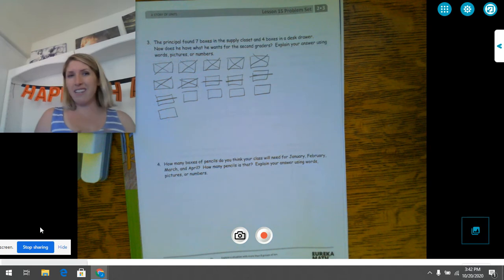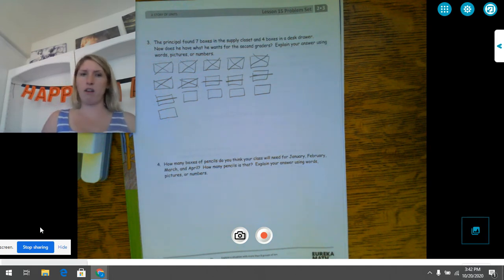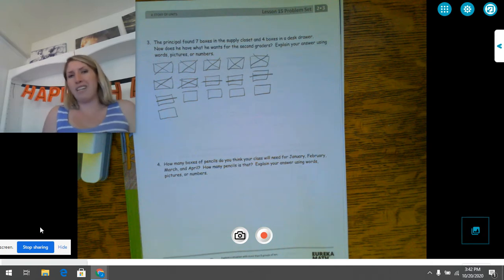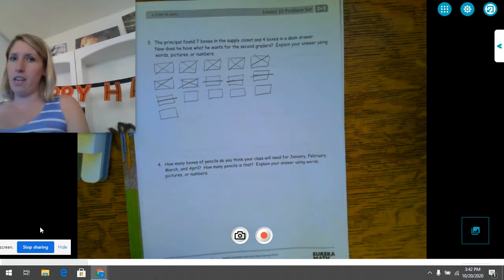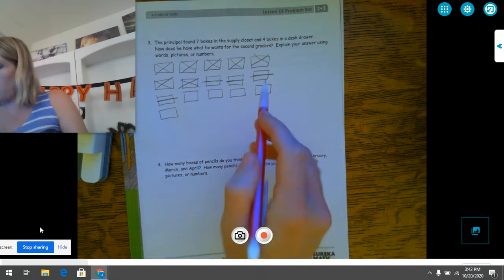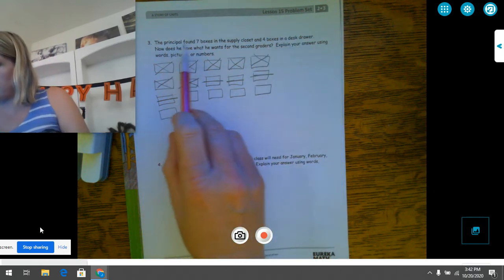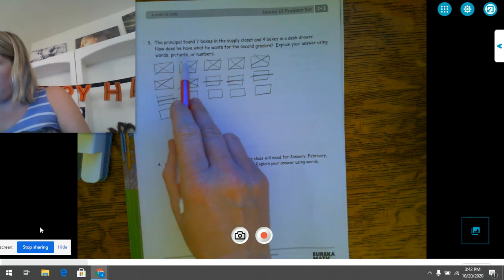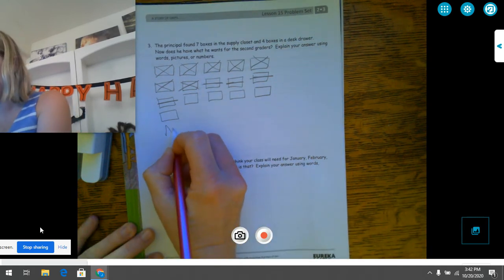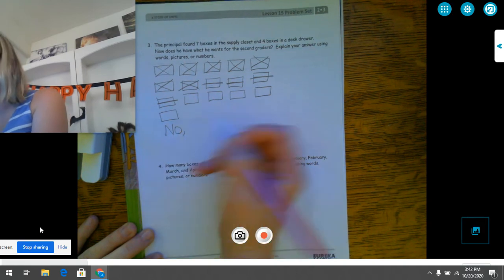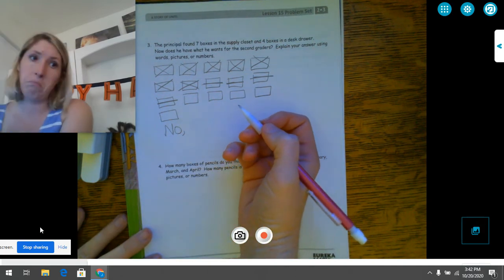So did he find enough, or does he still have more boxes that he needs to have the 300 pencils? We didn't cross off these guys, so that's how many he still needs to have the 16 boxes. So our question was, now does he have what he wants for the second graders? So no. And then I'm going to do a comma because I'm going to explain why not.